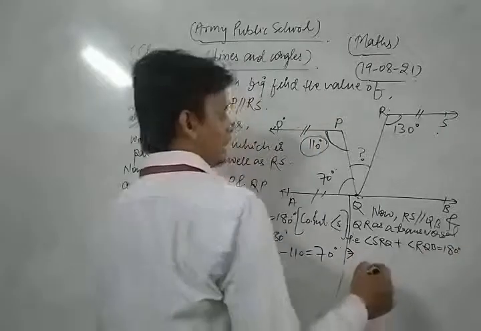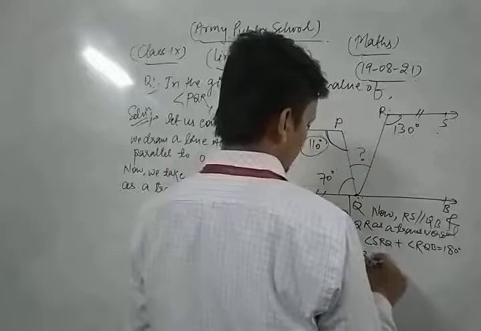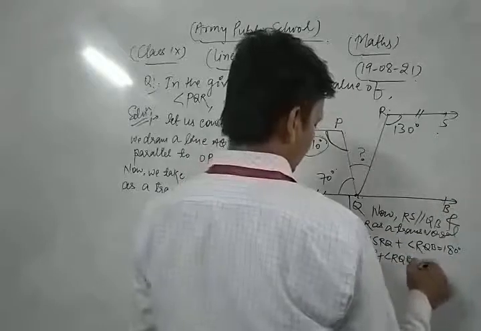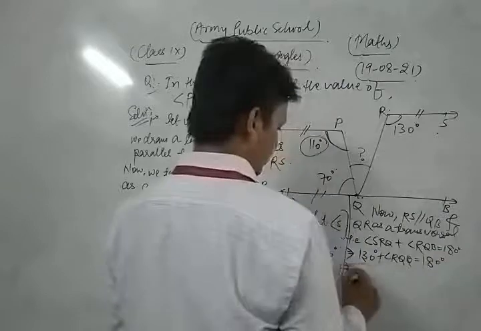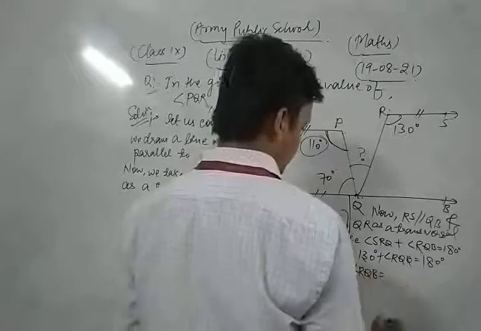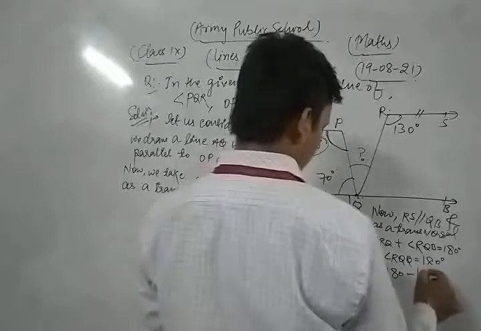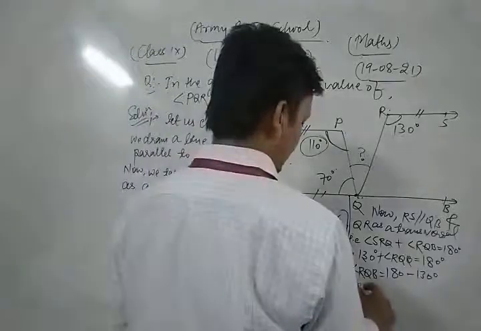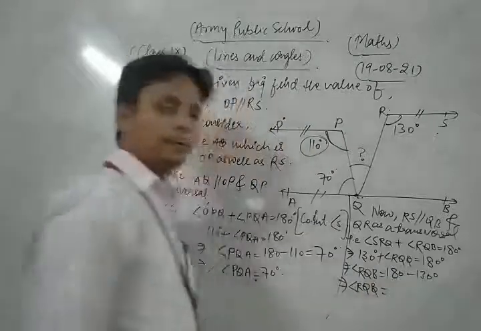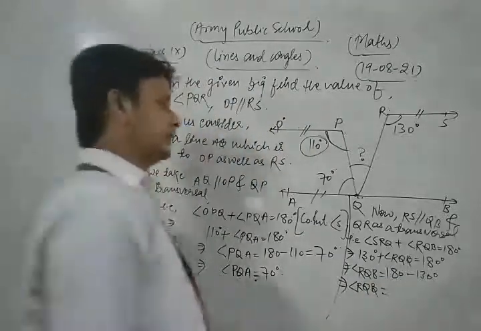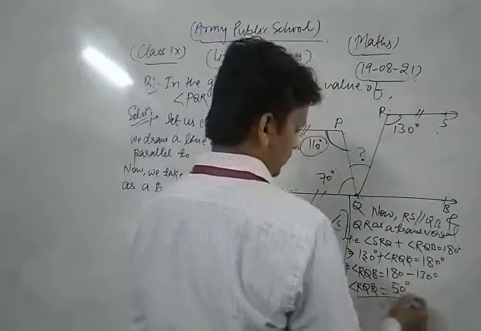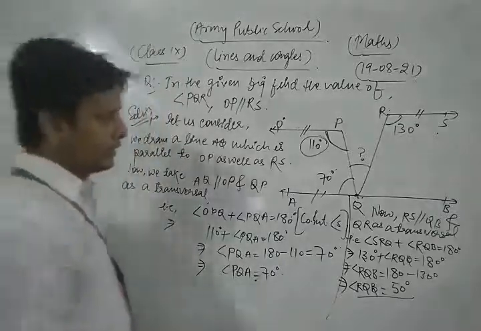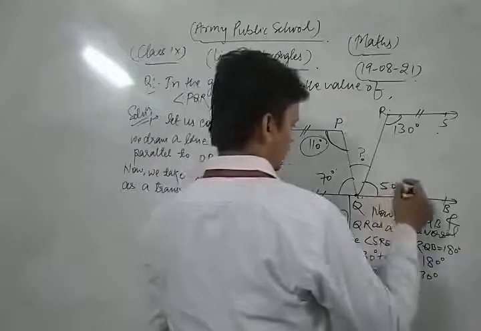That is 130 degrees plus angle RQB equals 180 degrees. So angle RQB is equal to 180 minus 130, which is 50 degrees.